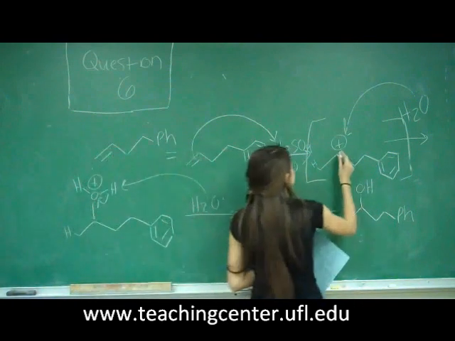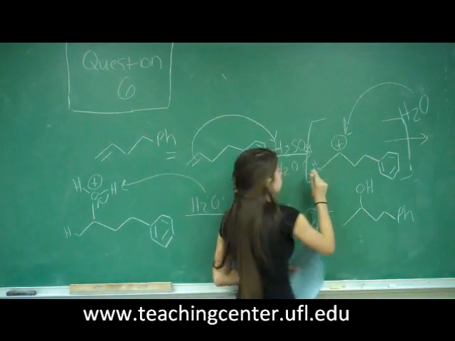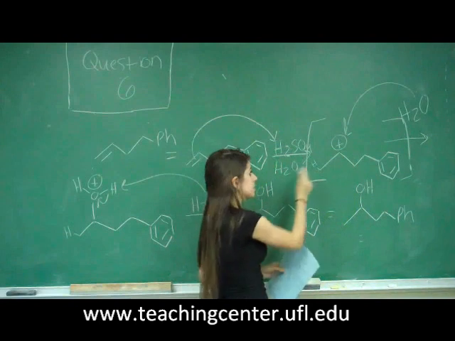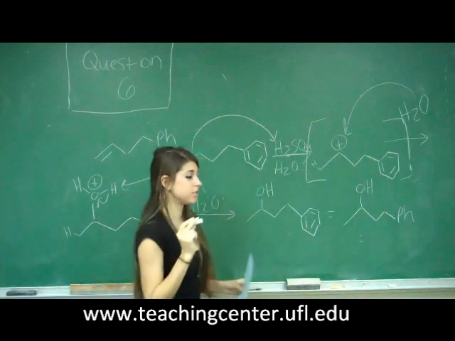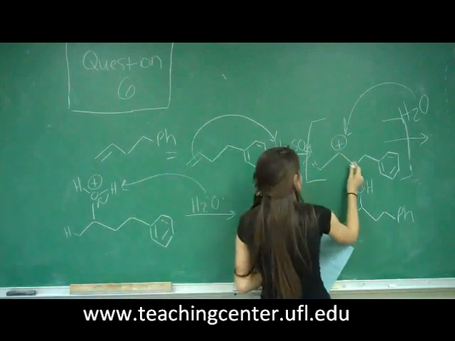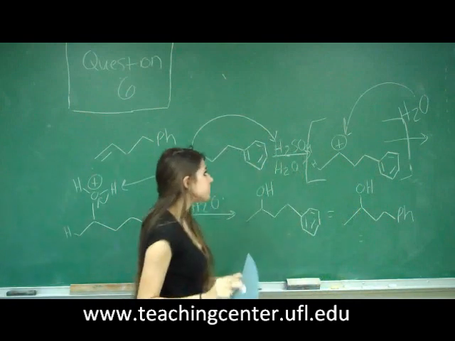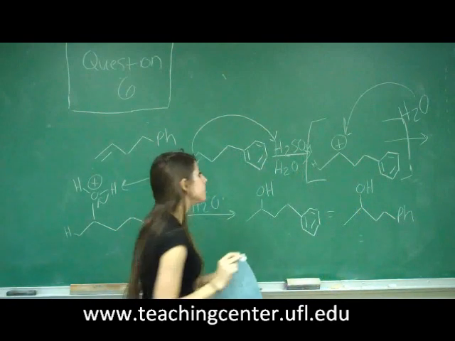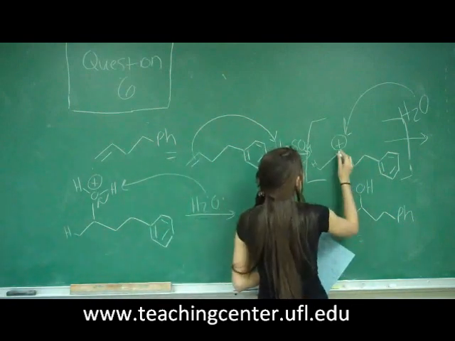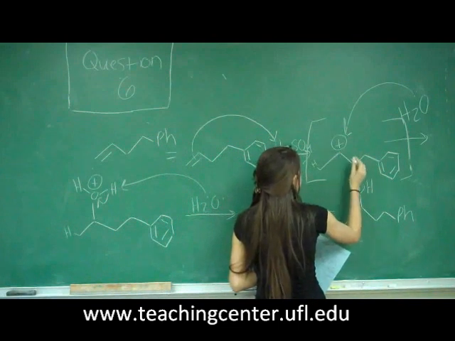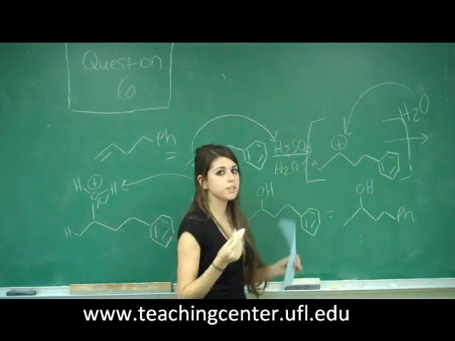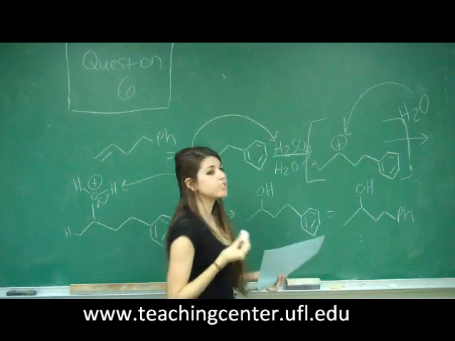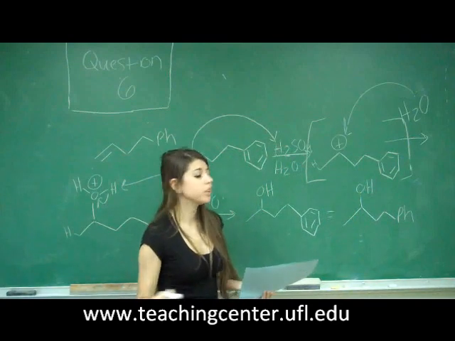So we look directly next door, and we don't want to shift to a less stable position, so we can't shift that way. And then we look on the other side and see if we can shift that way. Well, here you'd be going to a secondary, which isn't any better. You only want to shift if you can get to a better position.